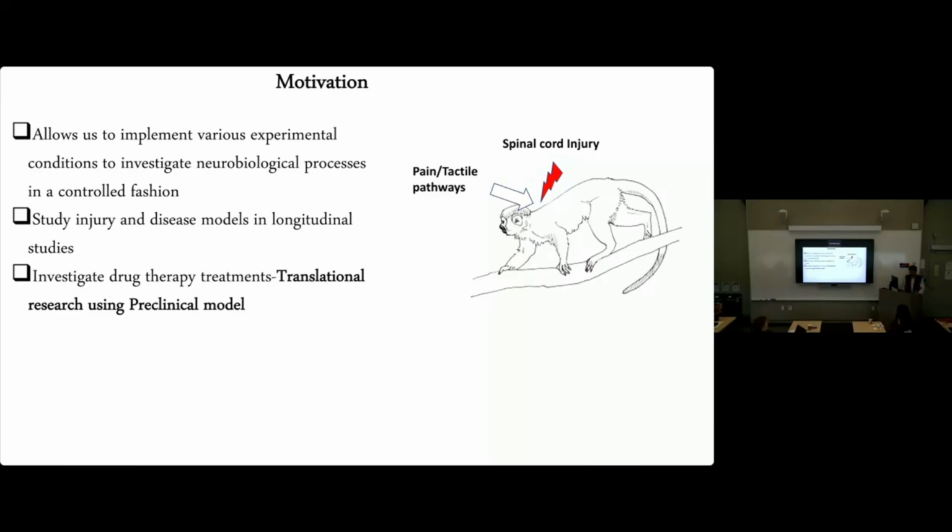Also, we can do a lot of injury models and make them similar to those that we see in humans. Also, we can investigate various drug treatments and see how these can be translated to human applications, which is a big motivation for using animal models.